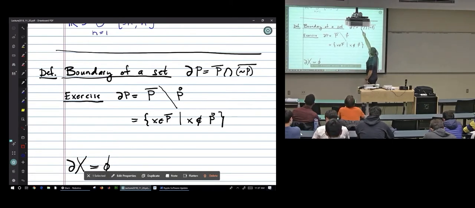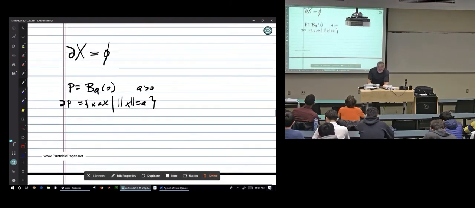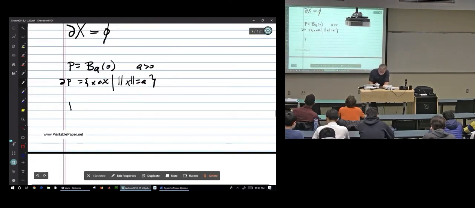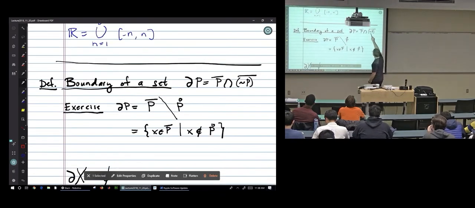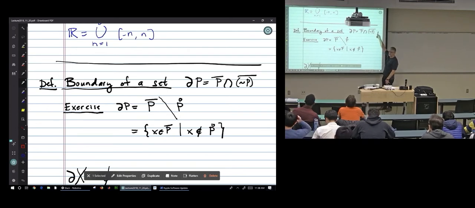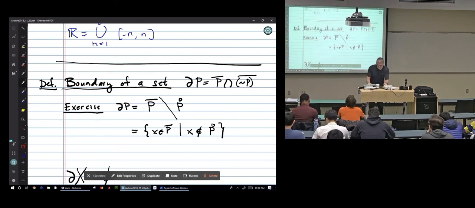We took the closure, and if we intersected with the complement in this case, it would all work just fine in your case, okay? Now I take P to be the closure of this set, and then it doesn't work anymore. Because the complement is everything whose norm is strictly greater than A, not greater than or equal, and then this becomes the empty set.